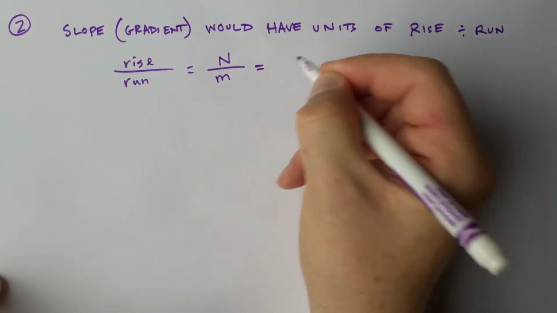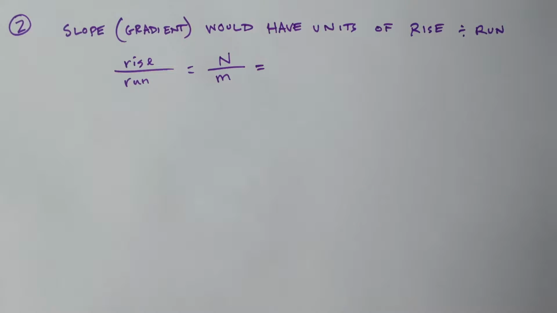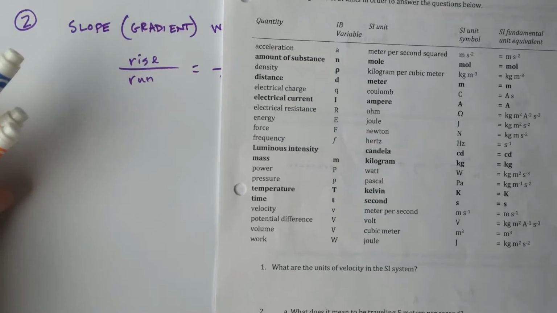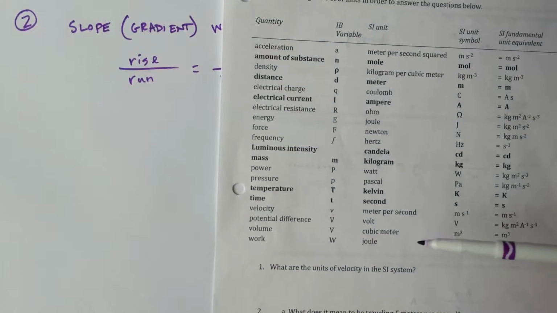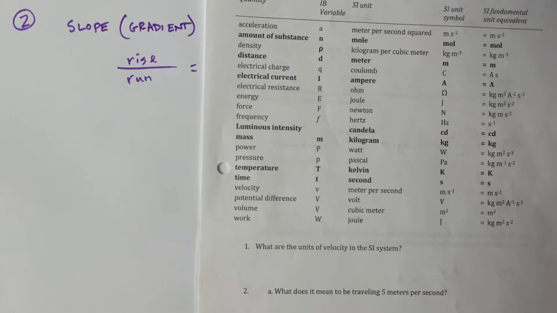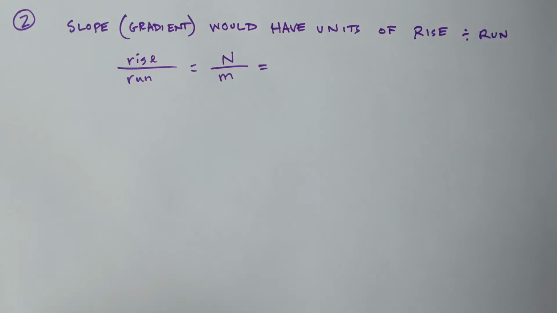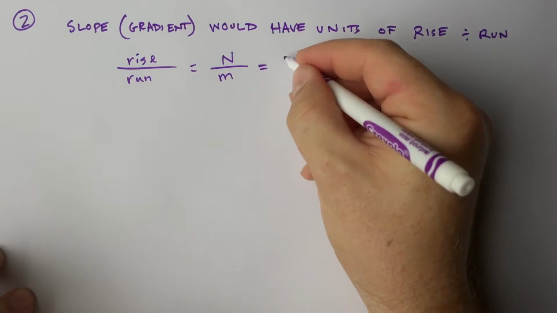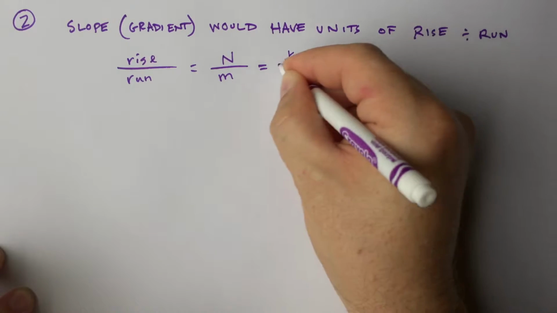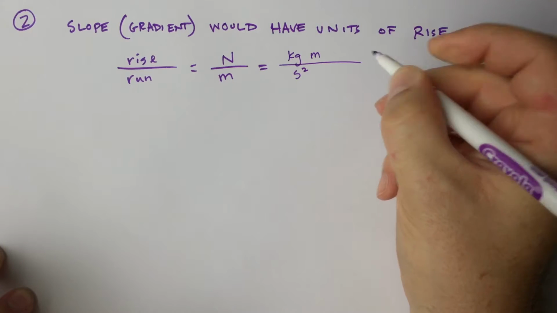I can figure out what a newton divided by a meter is equal to, because I know what a newton is. I'm going to take out my handy dandy units chart, take a look at newton, and see that a newton is equal to a kilogram meter per second squared. So a newton is really equal to a kilogram meter over a second squared.